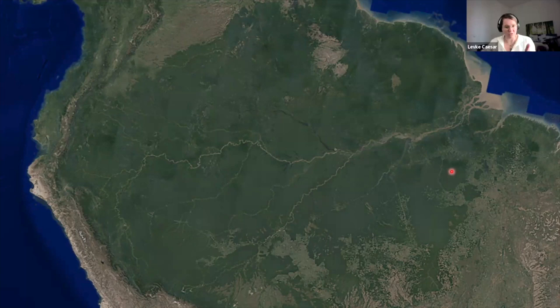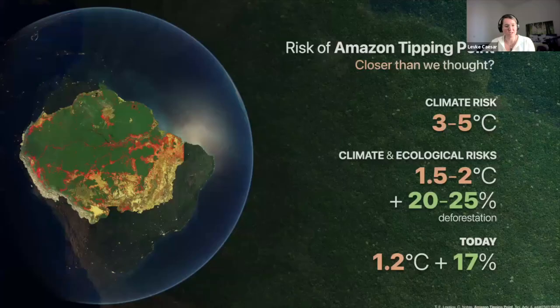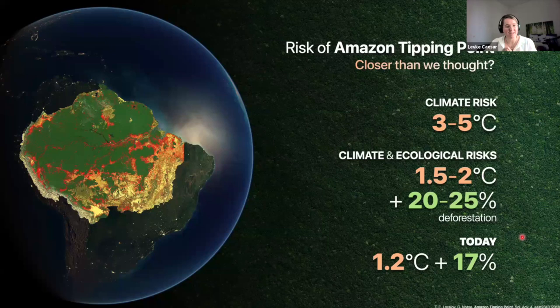Now, this matters for our planetary boundary framework. It matters for a lot of reasons, but for our framework, it matters because if we take into account this deforestation rate, then models show that the Amazon could already tip at 1.5 to 2 degrees Celsius of warming, if it is combined with a 20 to 25% deforestation rate.